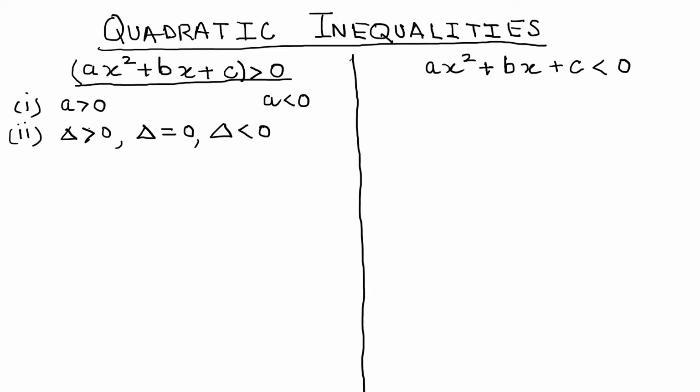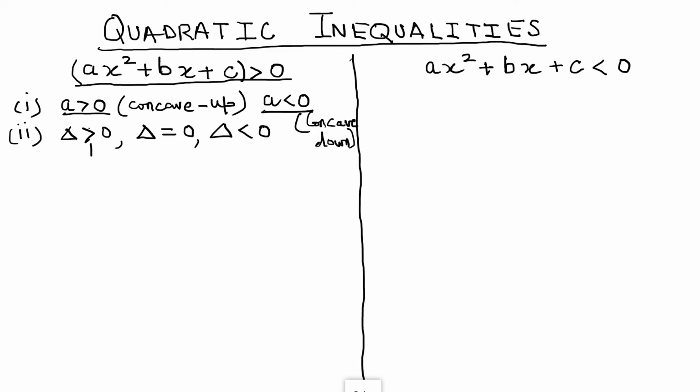So what we are saying here is there are two things that you need to check. First, you need to check the value of a, whether a is positive or a is negative. We know that if a is positive, we say that the graph is concave up. And when a is negative, the same graph is called concave down or concave downwards.